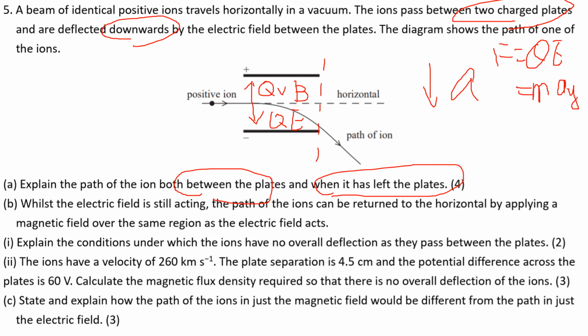This is actually the principle of the velocity selector. All we need to do is to apply the magnetic field, which will make the magnetic force equal to the electric force. Explain the conditions under which the ions have no overall deflection as they pass between the plates. Here is the condition: QvB equals QE.